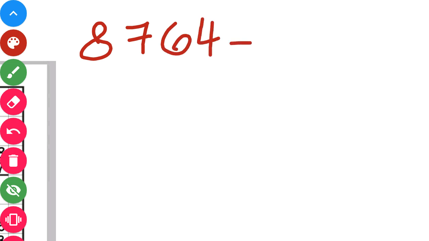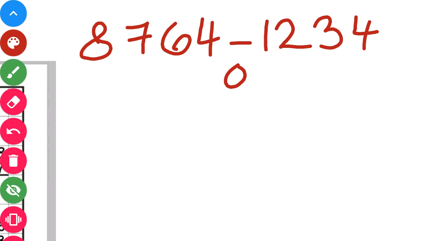Let us take an example of a 4-digit number. So 8,764 minus 1,234. What will we do first of all? We will first of all write the place values.